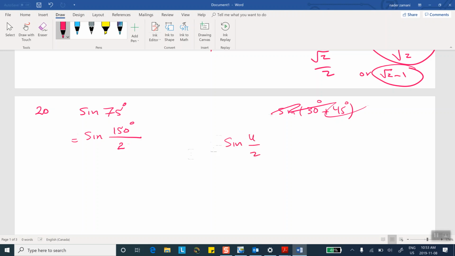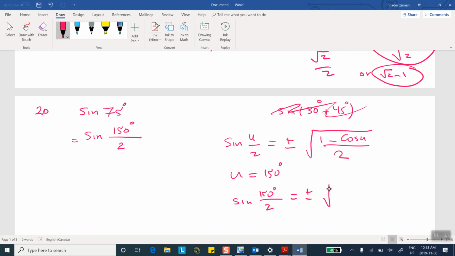Sine of u over 2 equal to plus or minus square root of 1 minus cosine of u over 2, where u is equal to 150 degrees. So we have sine of 150 degrees over 2 equal to plus or minus square root of 1 minus cosine of 150 degrees divided by 2.